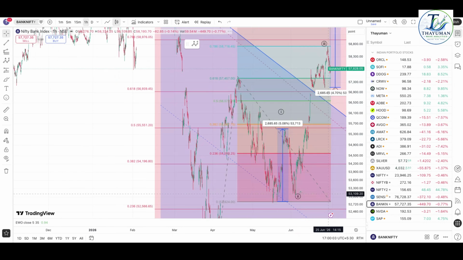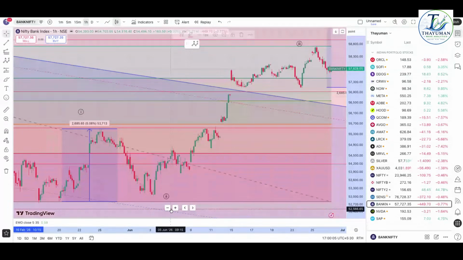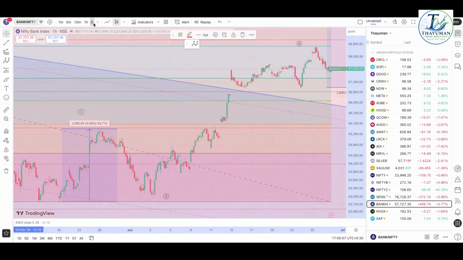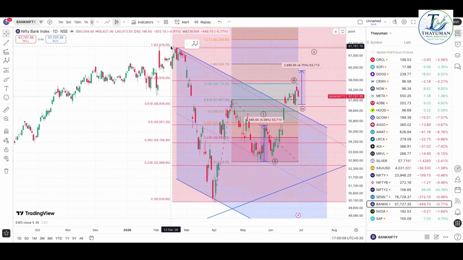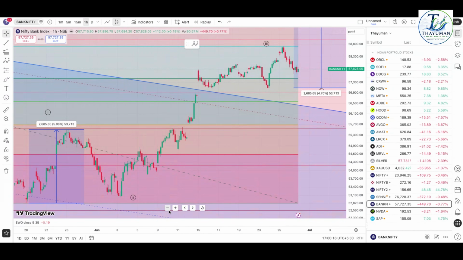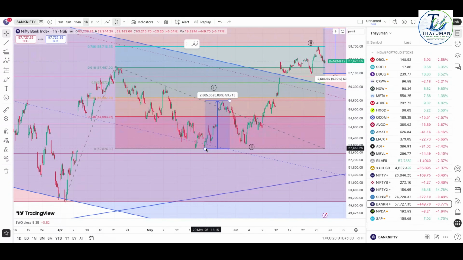But in Nifty Bank, you could see here we have covered a lot in the corrective from the top. If you check closely, Nifty Bank had bottomed very early, within this A, B, and C, earlier than Nifty 50, and it started the up move earlier.